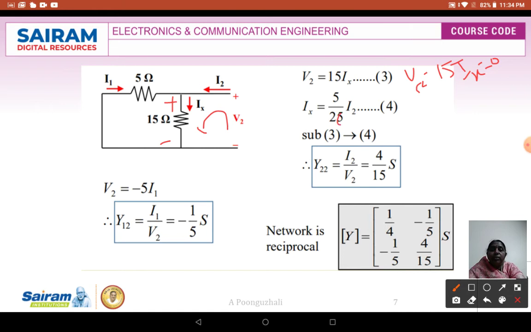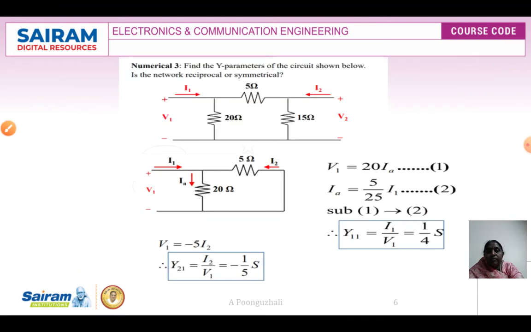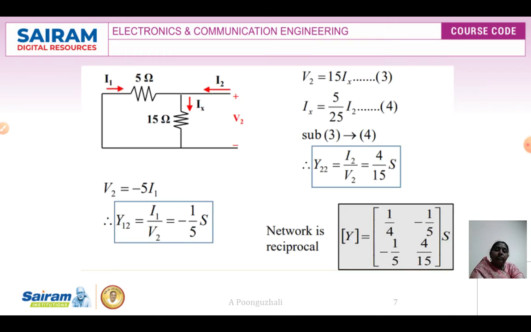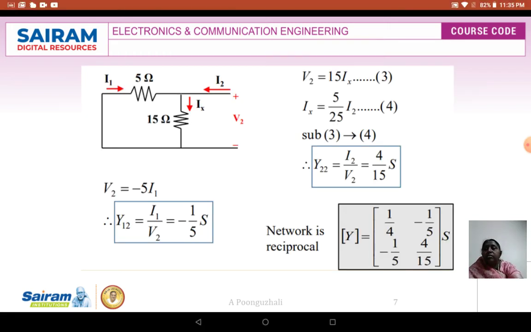So this should be 20 here. Okay. So here, one minute. That is the 20 ohm resistance, so it will get cancelled. So you will be getting the 20 ohm resistance there. So in this case, your Ix is equal to 5 by 20 into I2.